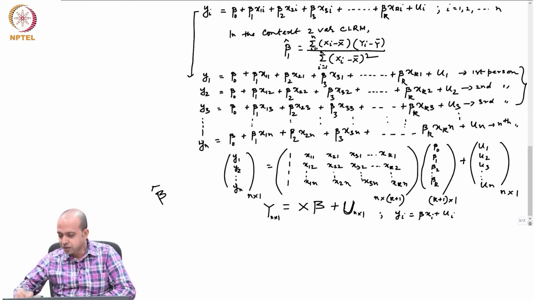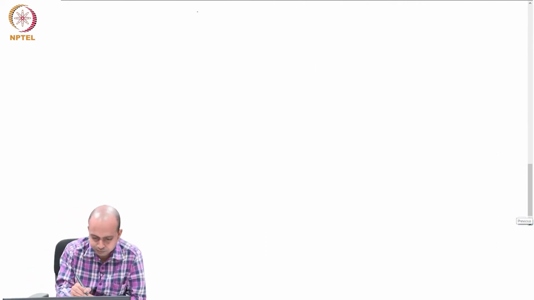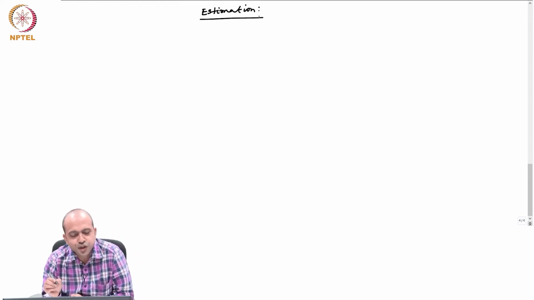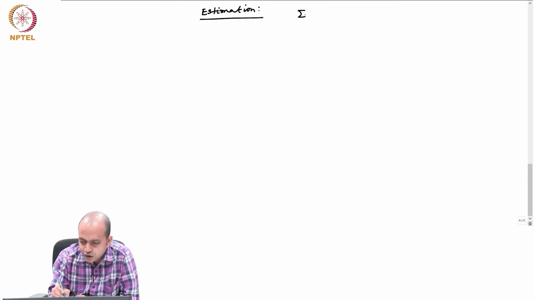How will you do that? Estimation. I will show you the estimation here. Now, in the two variable linear regression model, what were we doing? We were minimizing the summation of ui hat square.